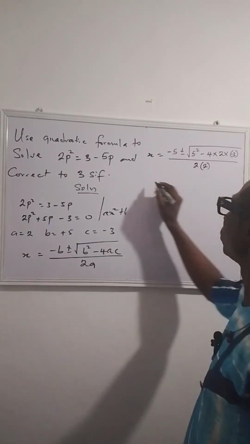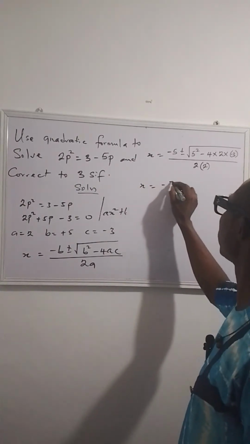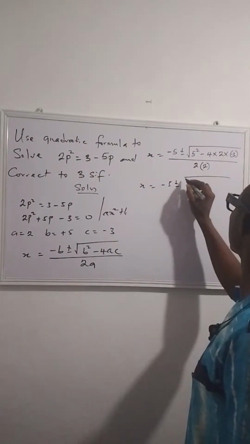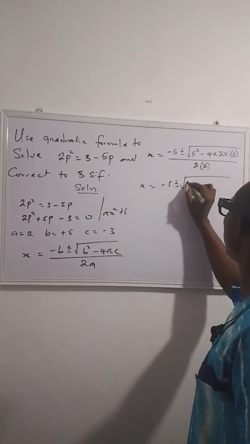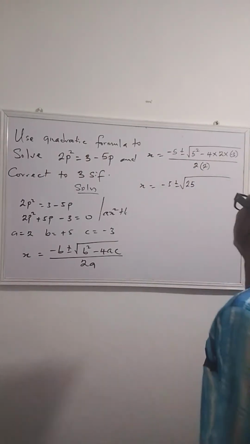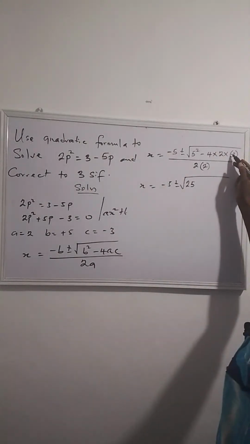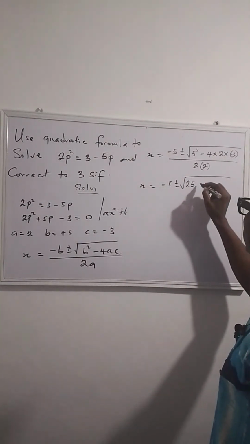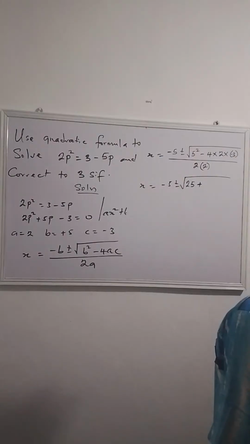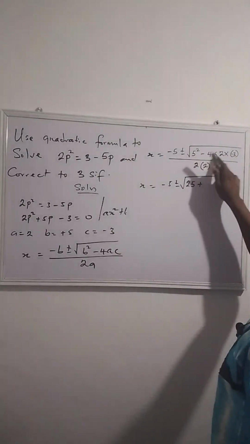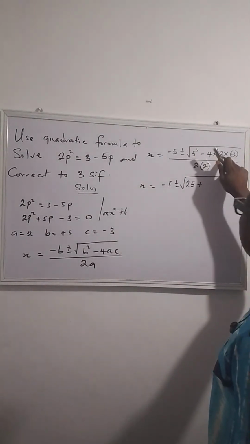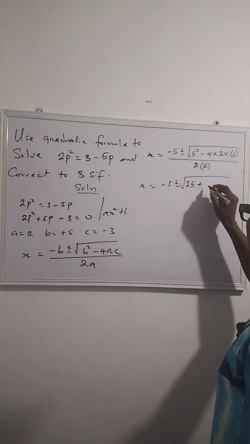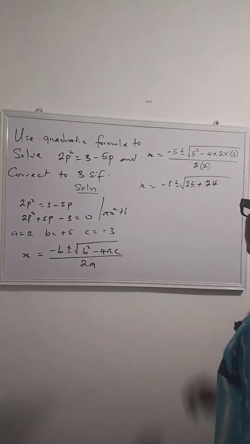So that's 2 times a, which is 2. So x equals minus 5 plus or minus the square root of, when you square this, you have 25. Now, minus times minus 3 turns to plus. 4 times 2 is 8, and 8 times 3 is 24.